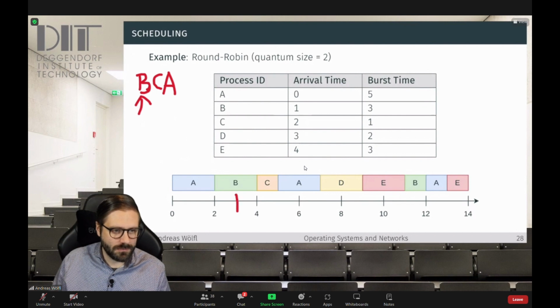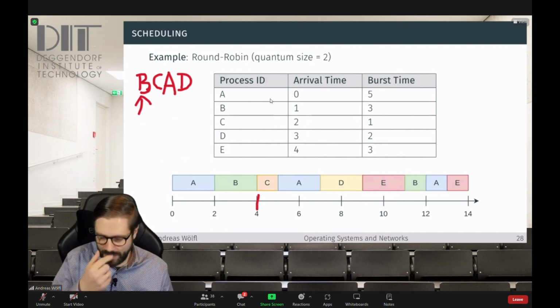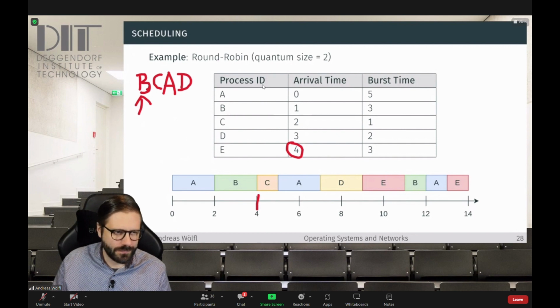At time 3, D is coming in, and we do not have a context switch. Fine. So B, C, A, D. Next, we have time 4. In time 4, what happens here? So again, two things are happening. E is coming in.